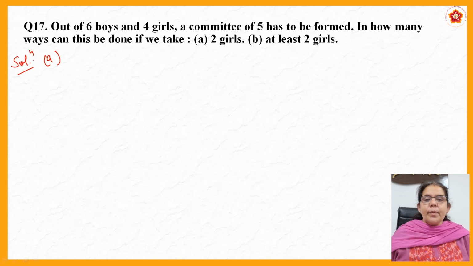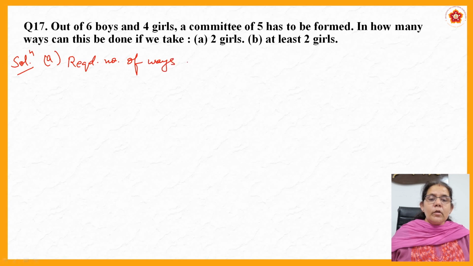So let's see the first part. Now, after solving the last question, you would be finding it easier. I'm sure that all of you can do it yourself also. So please try it.